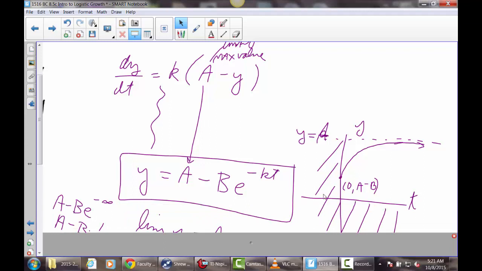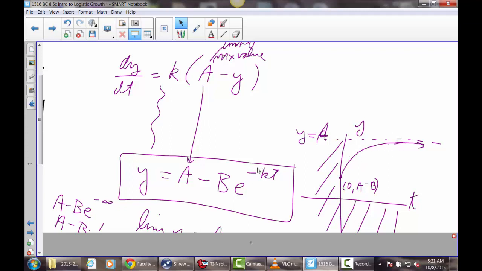Here, if I replace t by 0, e to the 0 is 1, so I have a minus b times 1. My initial amount is a minus b. And it's going to grow, but you'll notice it's not growing exponentially the way the last one did. It's growing concave down.